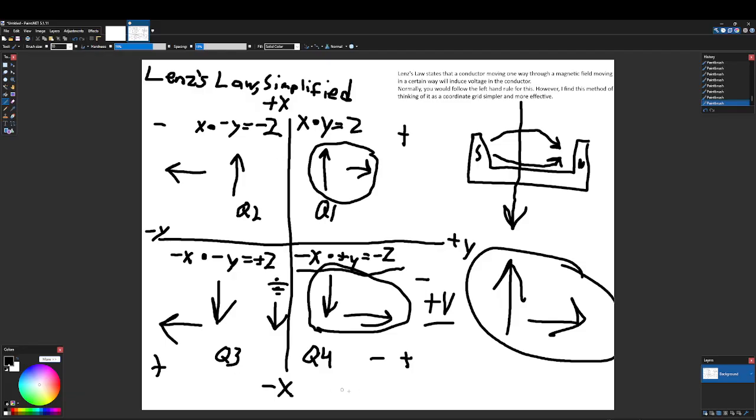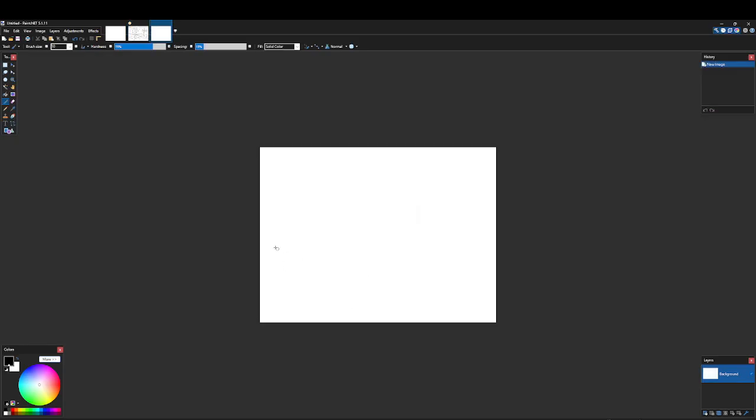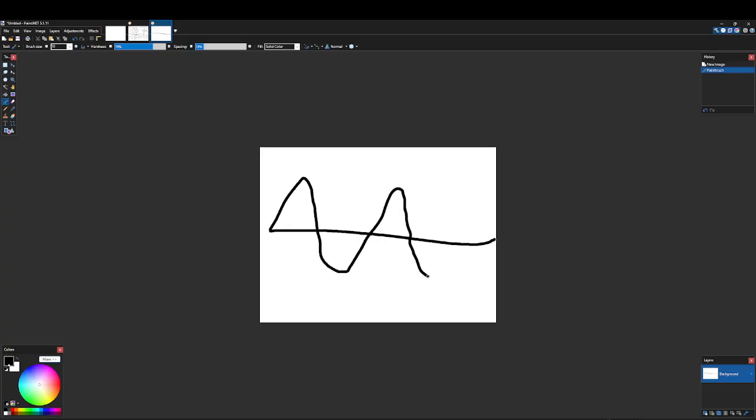because that's how sine waves work. Say we have a sine wave like this. Obviously, as we go along, we want it to go right, and if it's going up, then it's positive.